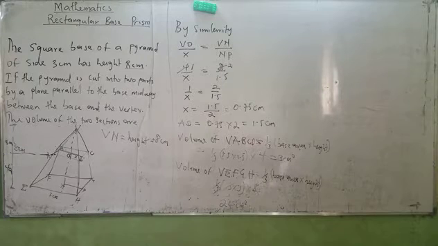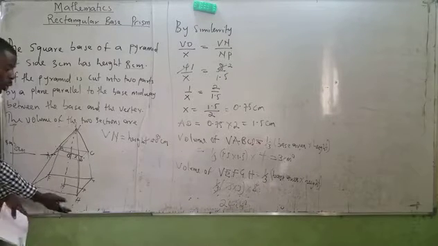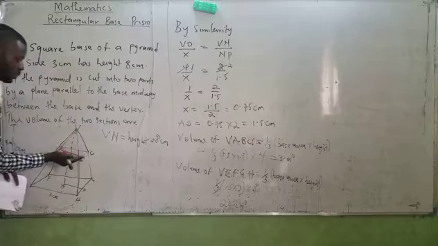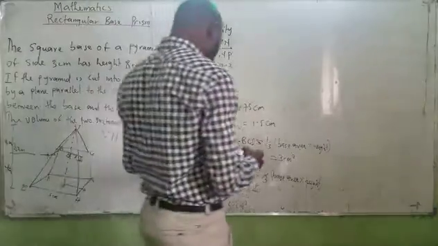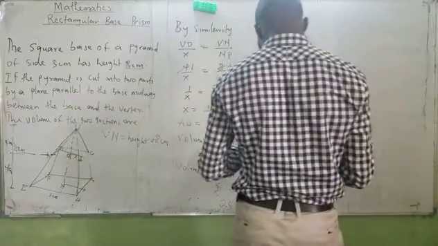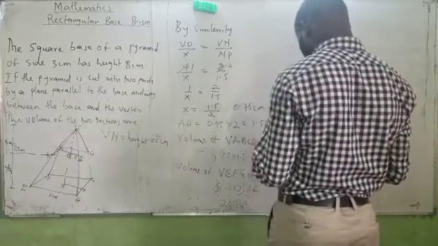What is next now? I've known the whole volume, and I've called the pyramid on the upper part. Now, what I just need to do is find the volume of the shape that I'm looking for.